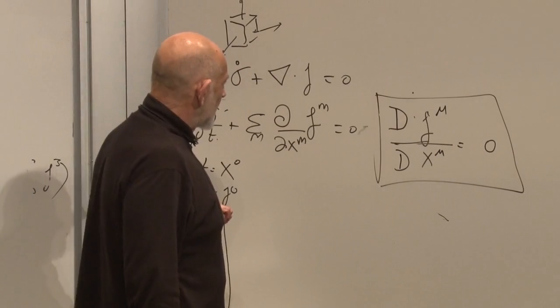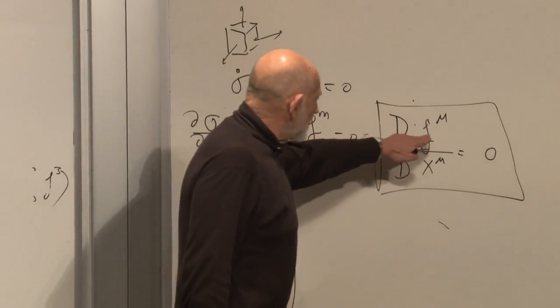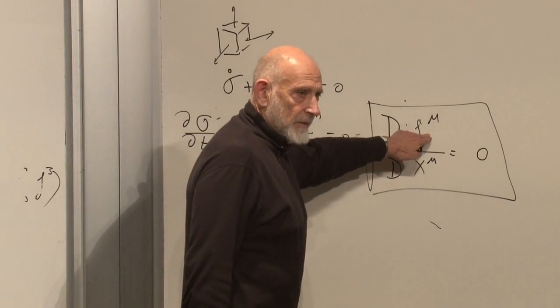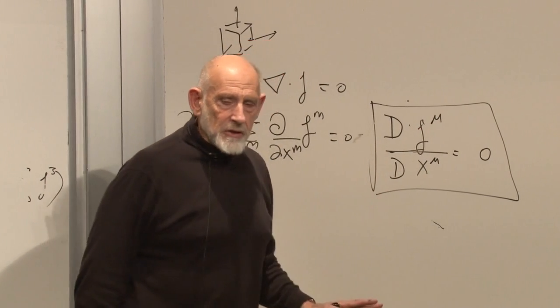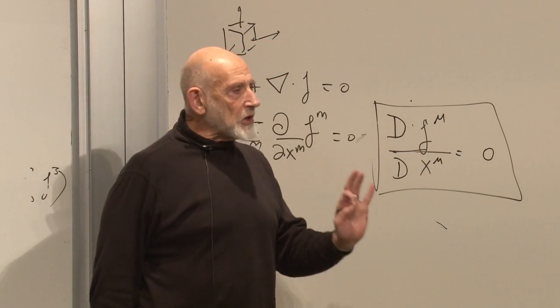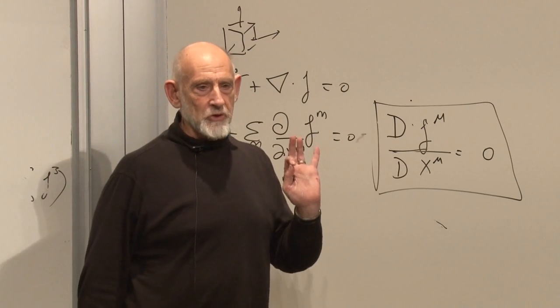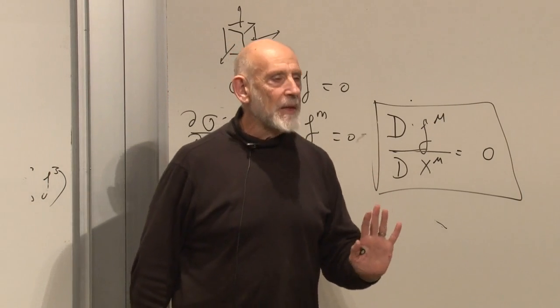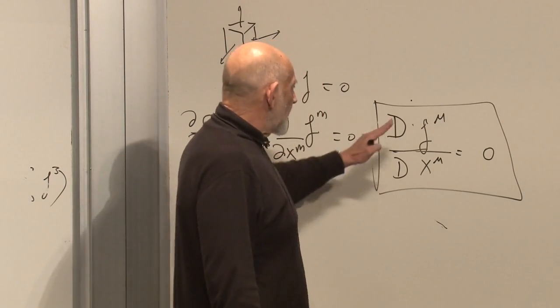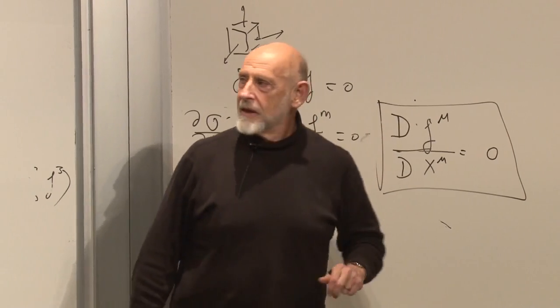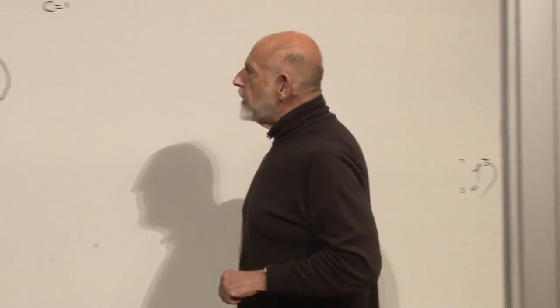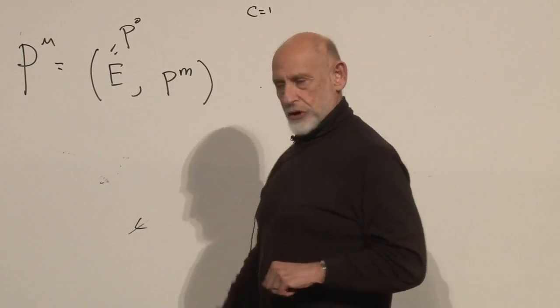Density was the time component of J. Because it's a density, we'll assign it a component 0. 0 for time. It's the time component of a density. Let's think about the time component of the energy.